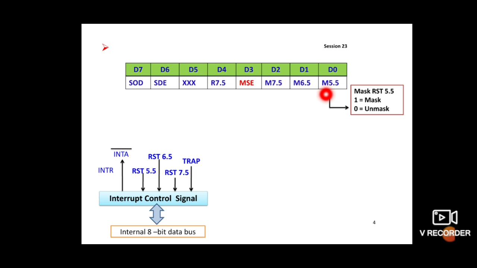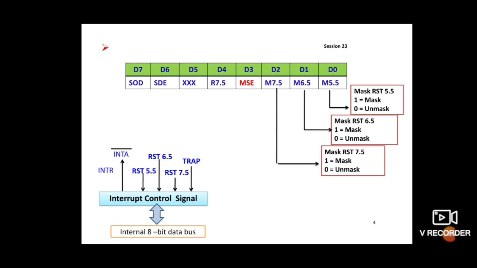If 1 is there, then it is blocked, meaning the 8085 microprocessor can't accept this interrupt. But if 0 is there, then the 8085 accepts the interrupt. Same as M6.5 and M7.5. If 1 is there, then it is masked, meaning blocked. If 0 is there, then unmasked, and it may accept the interrupt.